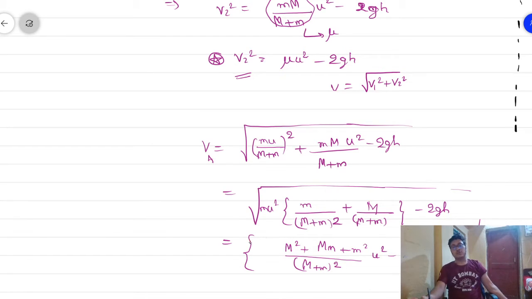This is the value of the speed at point A. Let's check this once. This is the value of v2 square. v2 square we have substituted here, and v1 square is this value.